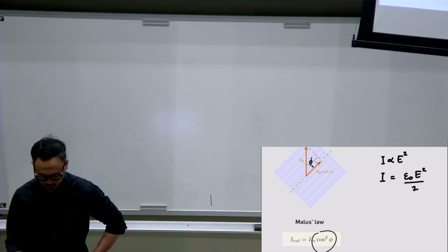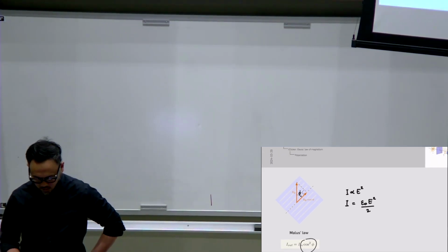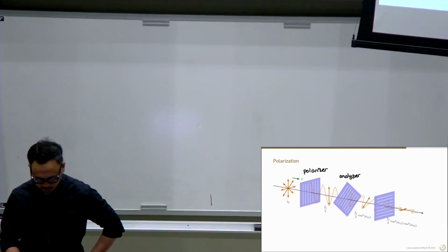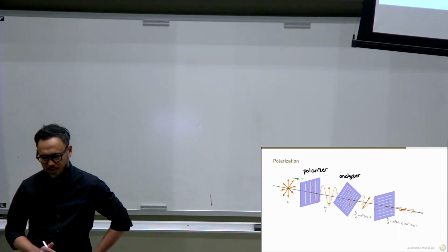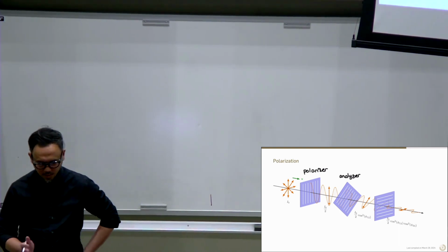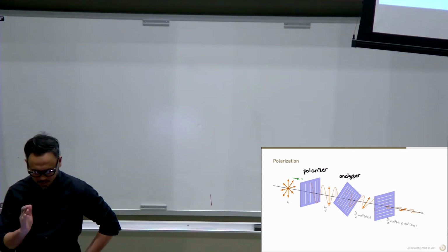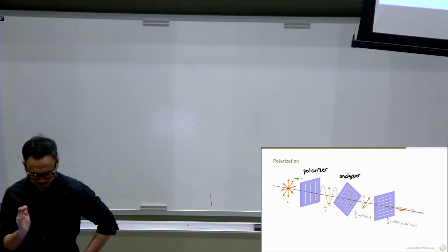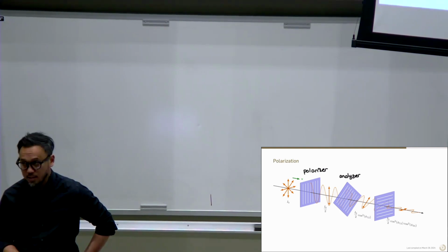Okay. This is why we get cosine square. So as long as you keep track whether the input of a polarizer is polarized or not, and understand the angle between the incoming polarized beam and the angle of the polarizer, you should be good. And make sure you know how to use your calculator.